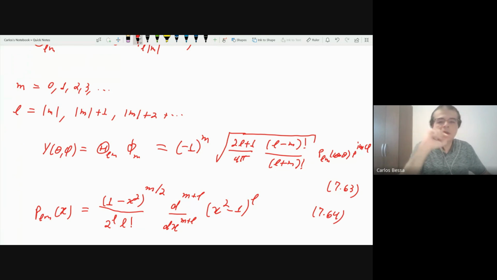And again, you guys can look for the solutions of this in many of the textbooks from quantum mechanics.